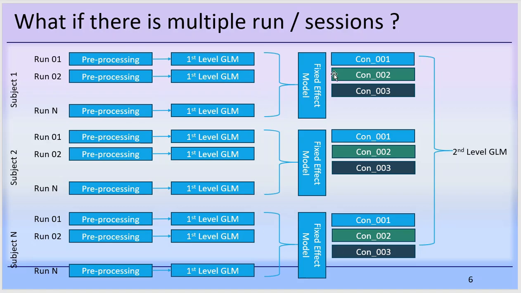You will have another batch script for the fixed effect model, so you use the output of the previous model as the input for this fixed effect model. And you will have another batch script for your second level analysis, the group level analysis. And that is your third batch script.